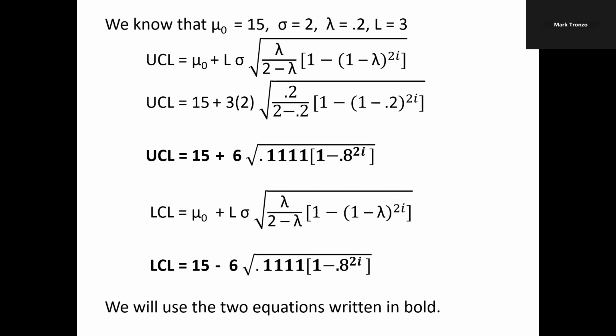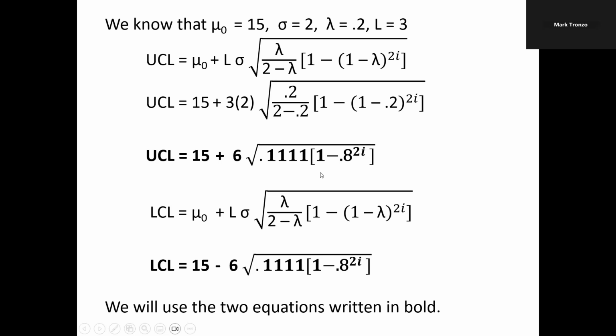And so let's say again that we're starting with our values: mu naught, our target value, is 15, standard deviation 2, lambda 0.2, L is 3. So we're going to set up these equations, and we'll put the values right in, because these are going to be the same for every point. Put 15 here, 2 here, and set this up.